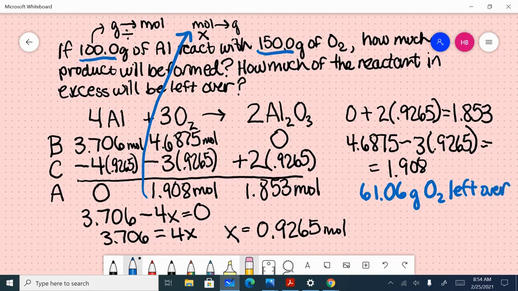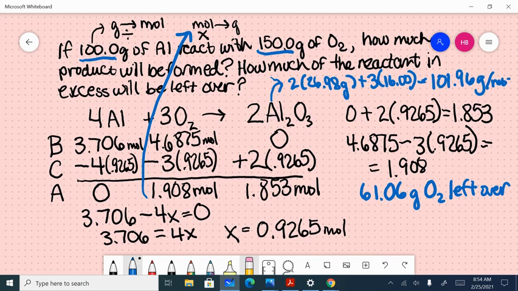And then I'm going to take 1.853 and multiply it by the molar mass of Al2O3. The molar mass of Al2O3 is found by adding each of the individual masses together to get 101.96 grams per mole.